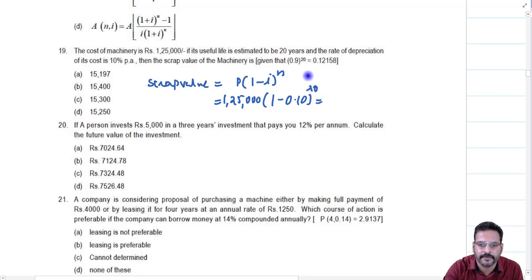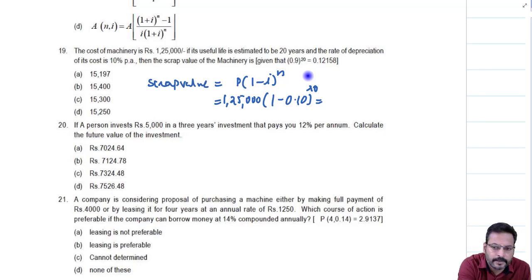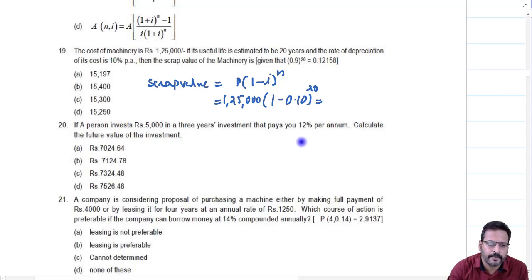In the question itself, it is given that 0.9 raised to 20 is equal to 0.12158. If the value is given in the question, take the value given. If not given, we have to compute the value. So 0.12158 into 1 lakh 25,000. The answer will become 15,197.